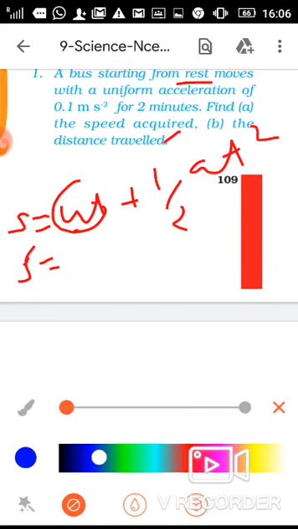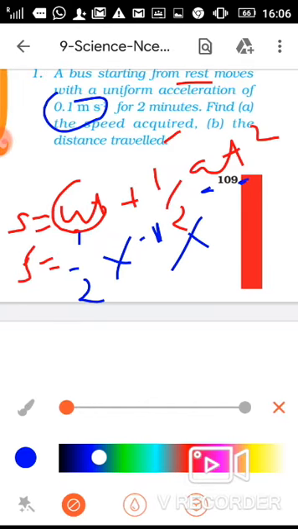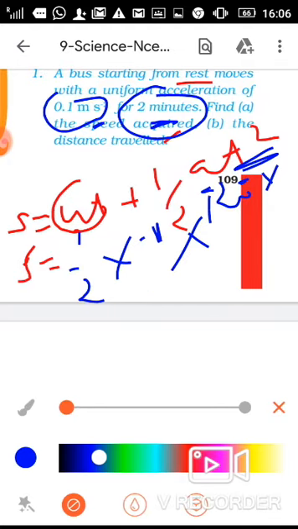Then what is left? Half at square, means half, and a is 0.1 meter per second square, into time. You can see here it is seconds and here it is minutes, so you change it into seconds. 2 minutes means 120 seconds. So 120 into 120, t square. You solve it and you will get the answer.